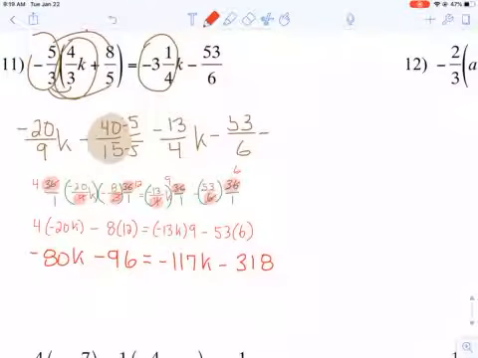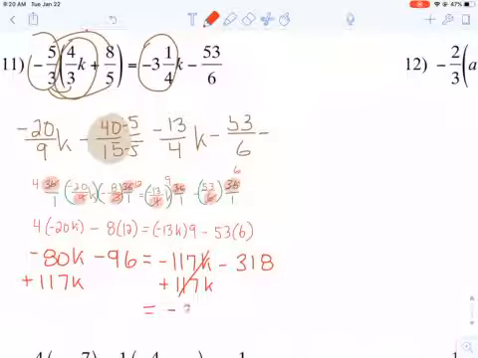All right, so now it's a matter of moving stuff over, getting stuff to each side. First thing I want to do is get all the k's to one side. I'm going to add 117k to each side here. By doing that, that cancels out my k's on this side.